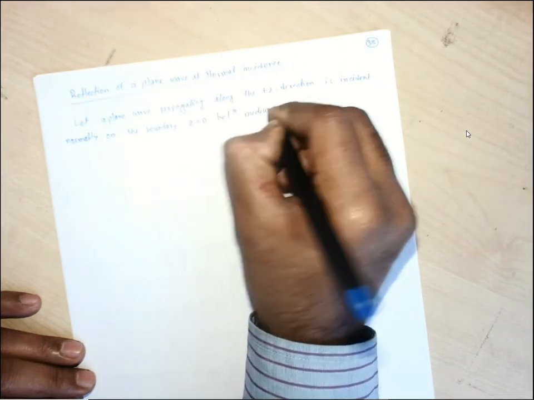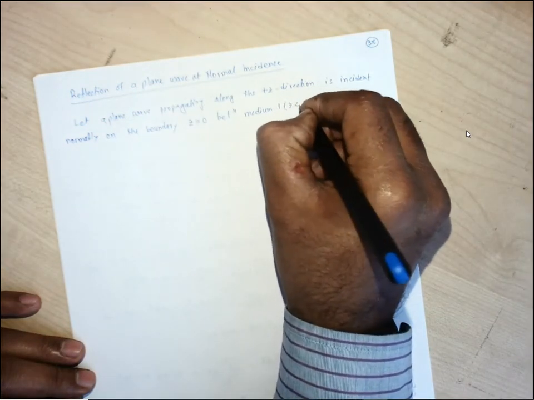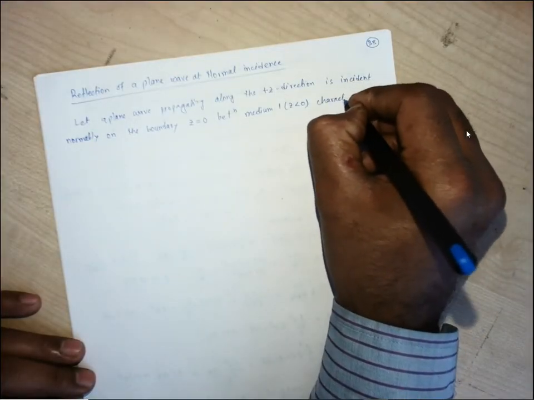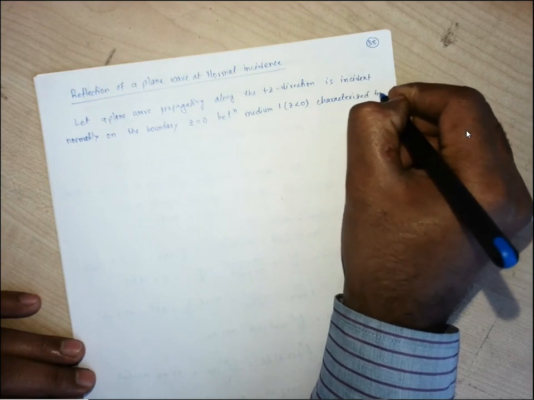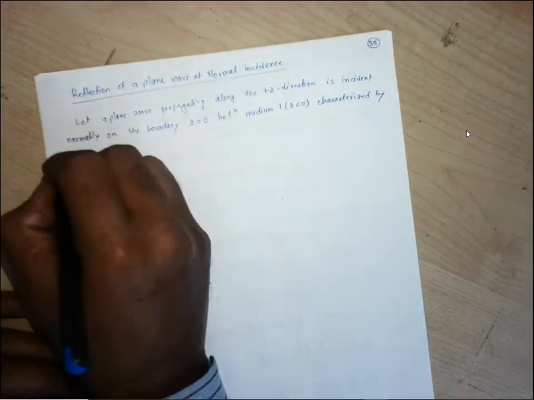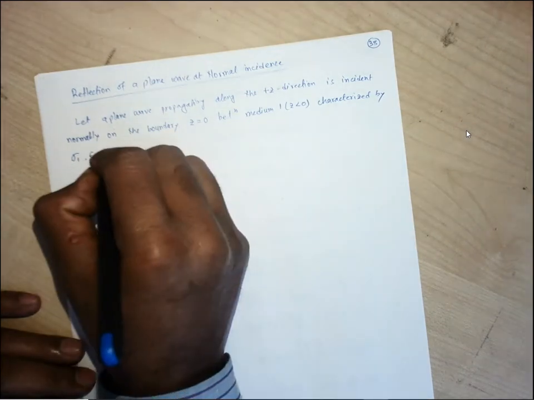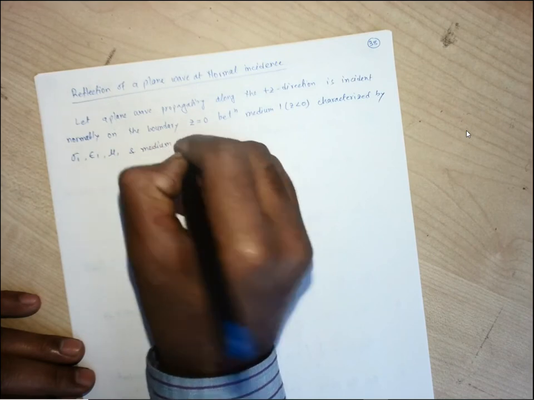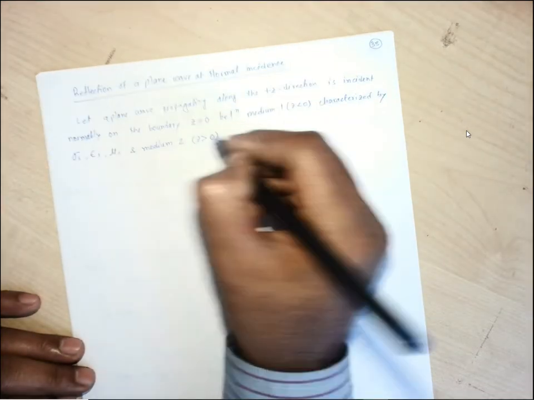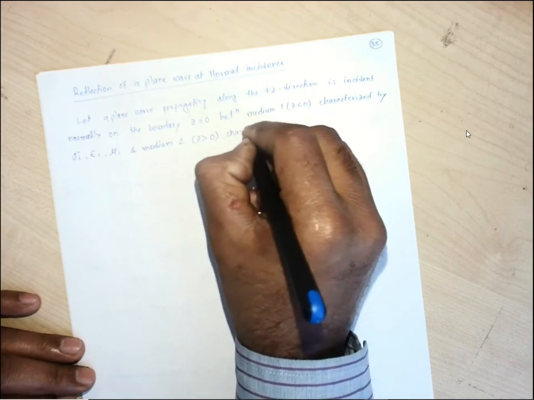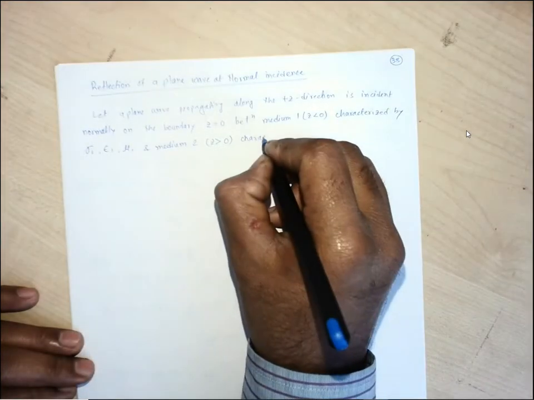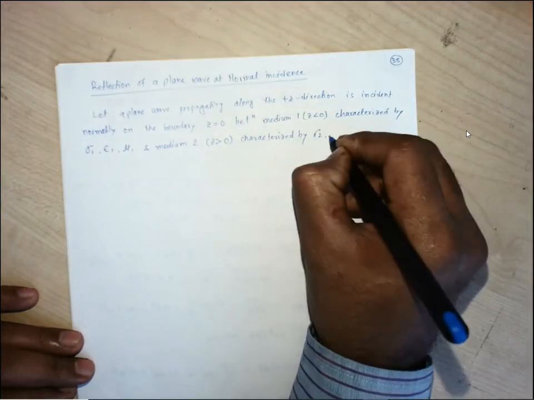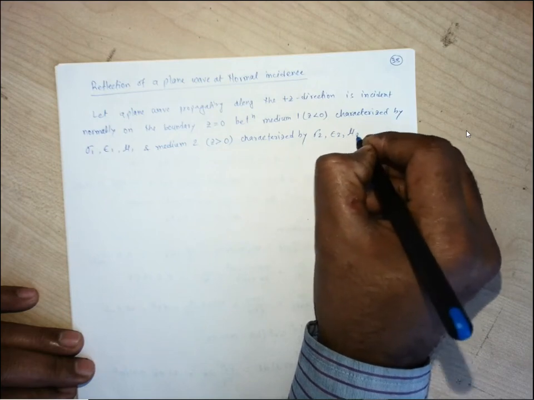The boundary is between medium 1, that is z less than 0, characterized by sigma 1, epsilon 1 and mu 1, and medium 2, that is z greater than 0, characterized by sigma 2, epsilon 2 and mu 2.